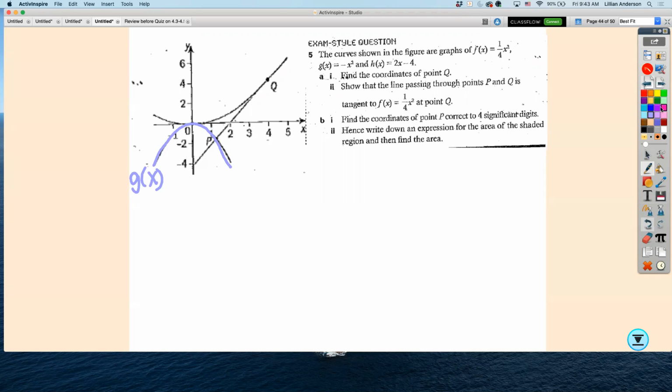H of x is the line because it's 2x minus 4. And then f of x is this quadratic 1/4 x squared, which is the one that opens up. So of course, you find the coordinates of Q because you want to figure out where those two intersect each other. And then you also show that the line passes through P and Q as well, okay?